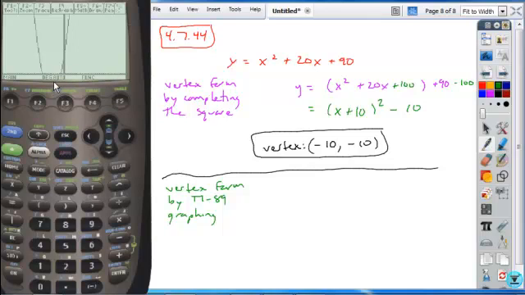I don't see exactly where it is, but if I were to locate that, it's going to be a minimum. So I'll hit F5, choose minimum, and set my bounds.